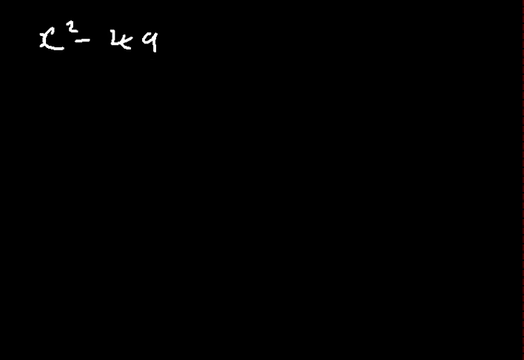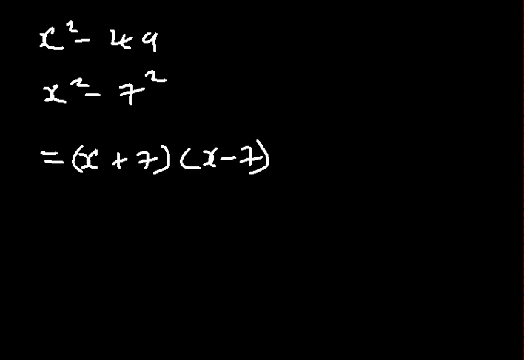In other words, 49 can be expressed as 7 to the power 2, in the sense that this is the same as x squared minus 7 to the power 2. Now according to the principle behind the factorization of the difference of two squares, this is the same as x plus 7 times x minus 7. That's how it works.